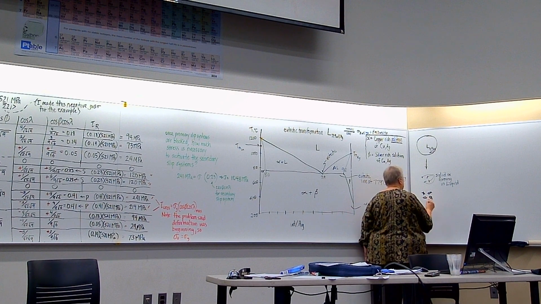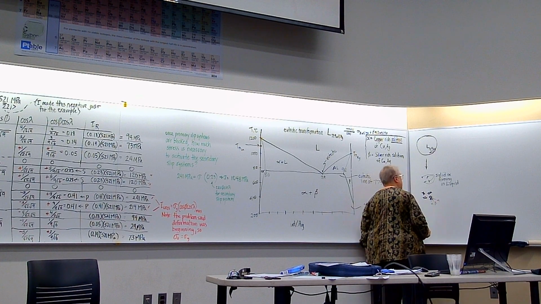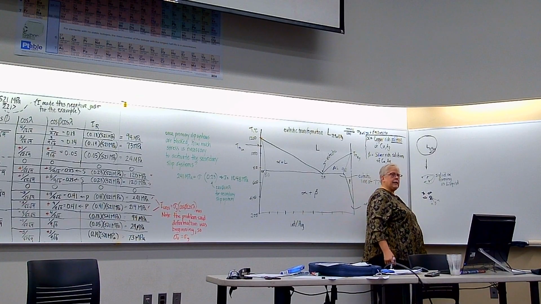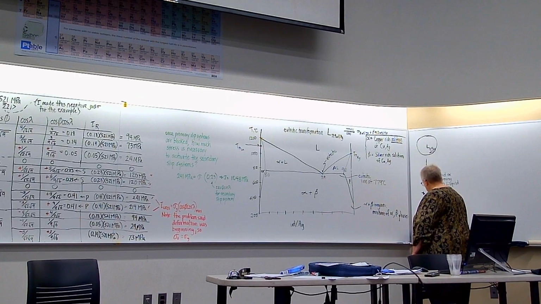And as that happens, there's a nearby area that's poor in silver, and that becomes more alpha. So there's alpha, and there's beta, and there's alpha. And so we end up getting a couple of possible structures. One would look like this.